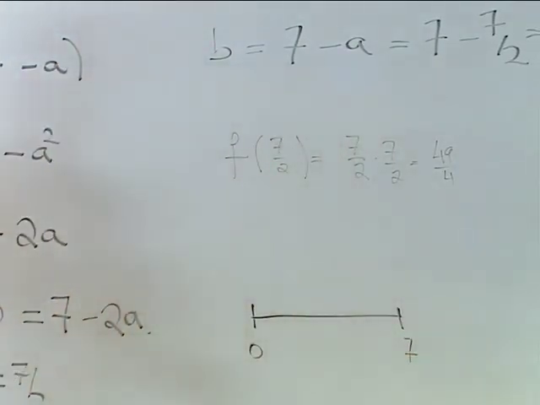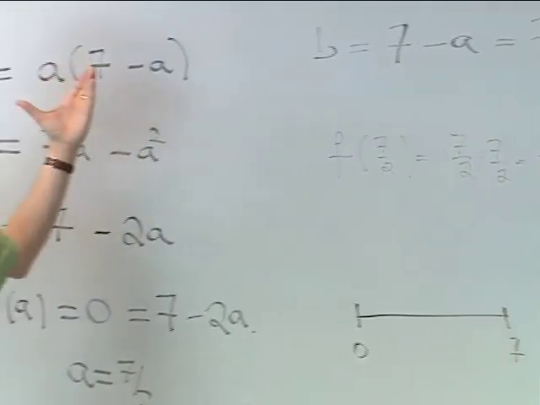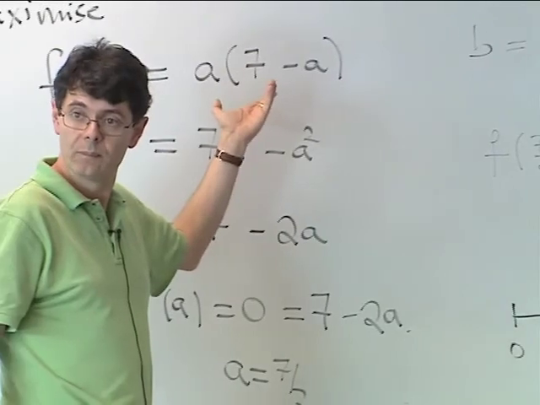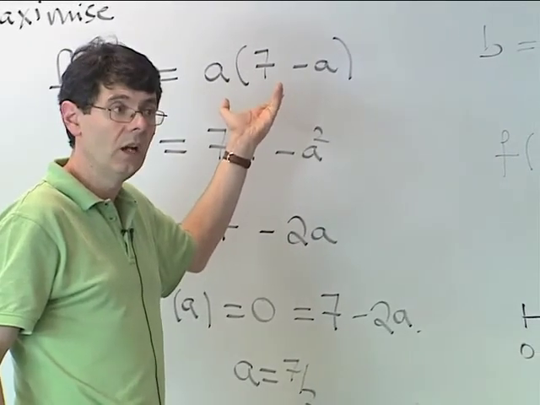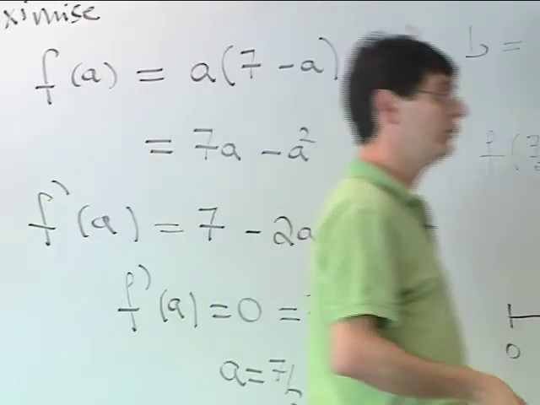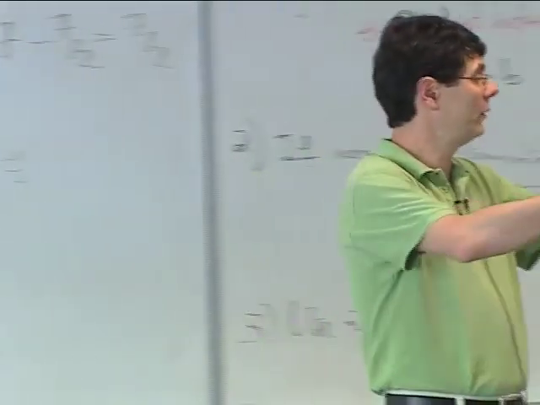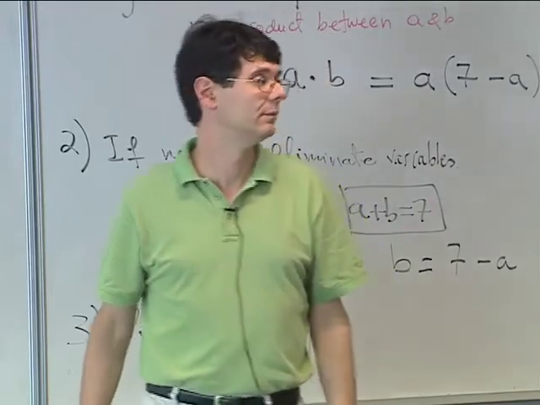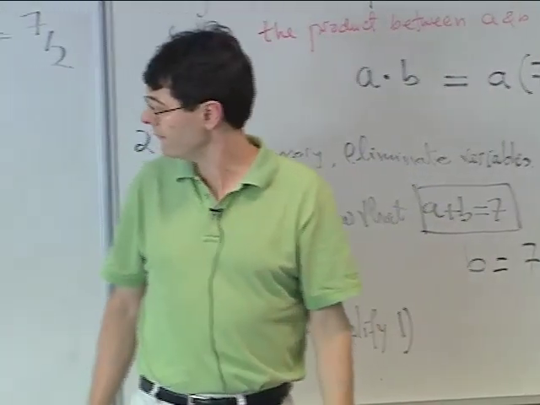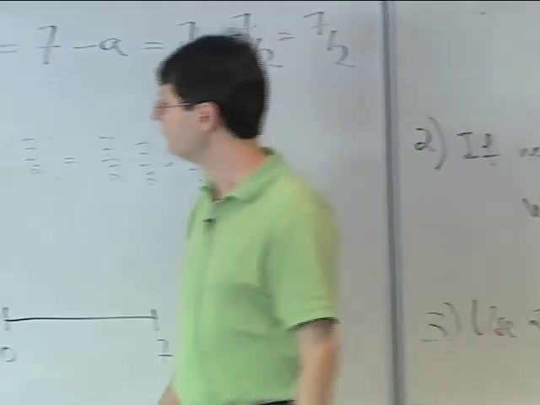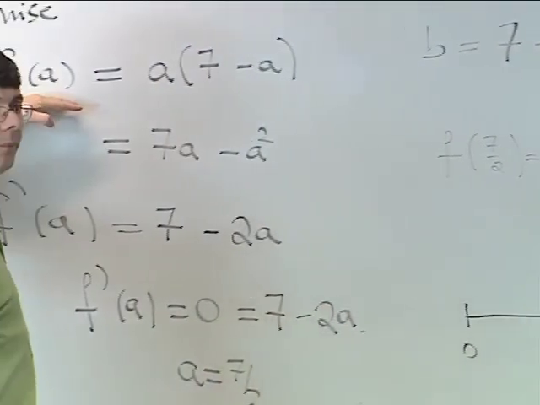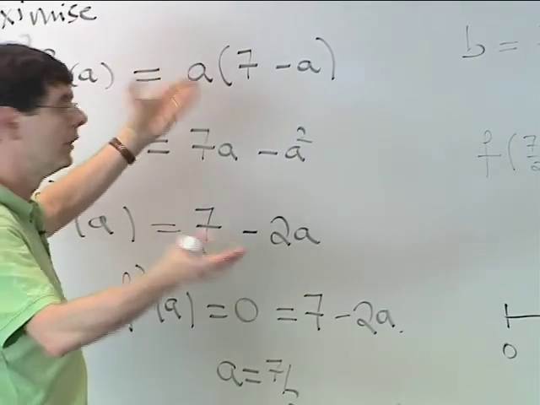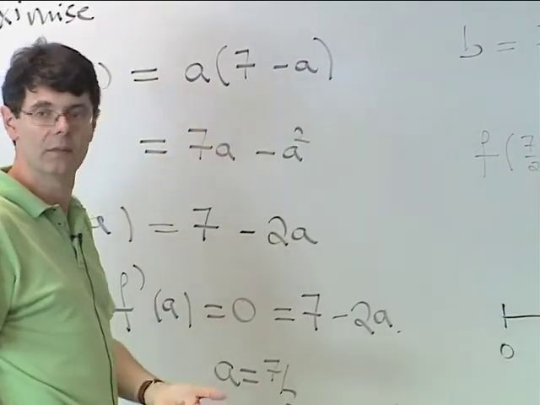This formula here, you can plug in any value for A. I can plug in A equal 20 in here. But the problem only admits values of A between 0 and 7. So 0 to 7 is a domain. Now, looking at the formula, if A is 0, how much is the product? 0 times 7, 0.